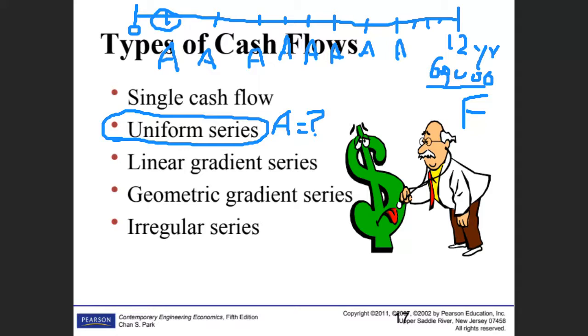This is also an example of a uniform series. It's series every year, not a one-time payment. Understand the difference? If you can understand this, then it is easy.